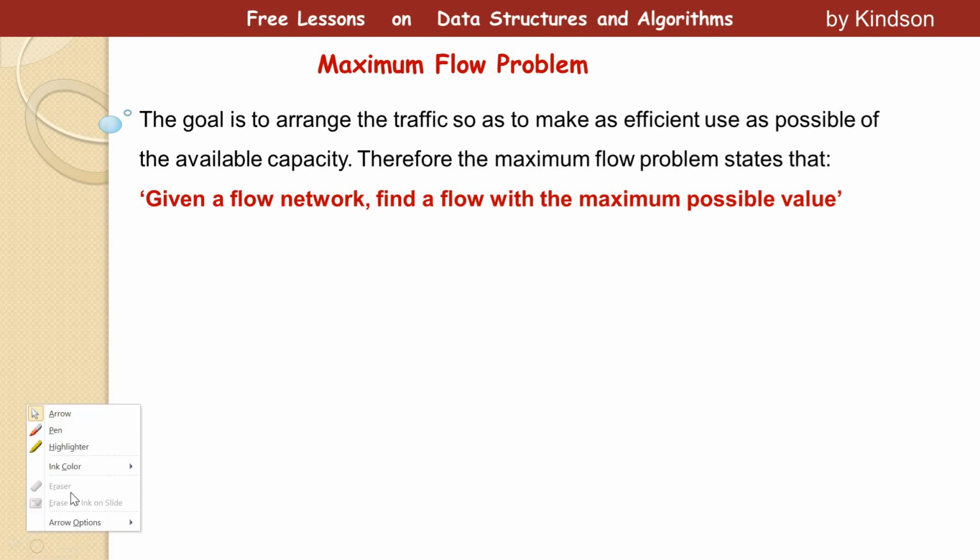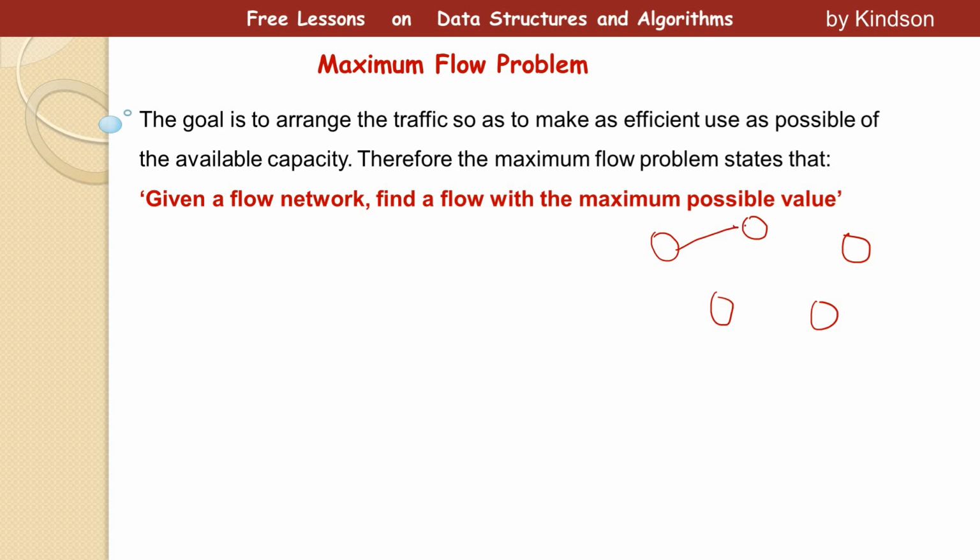So let me take my pen so I can illustrate it and then it becomes clearer. Let's assume we have a network like this. Let's say this is T and this is S, right?